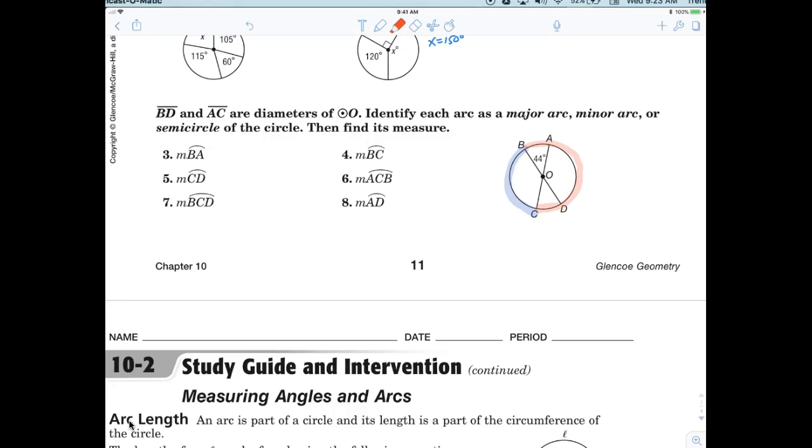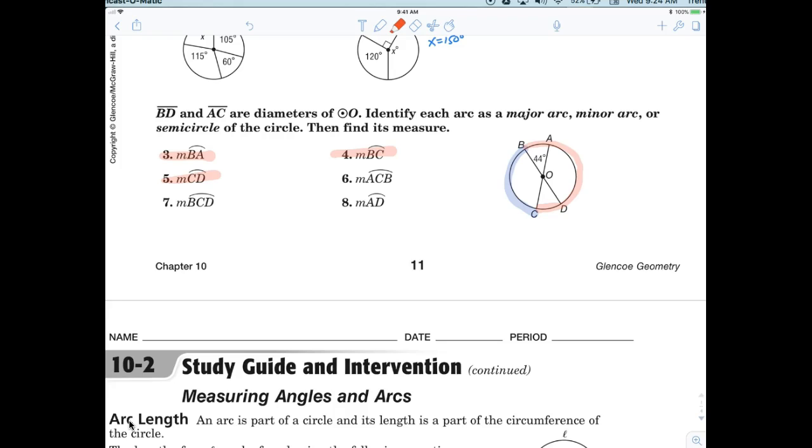Okay, so the one that you said, BADC? Let's just go through it real quick. I promise you I'll get to it. We already said BA is minor, BC is minor. Now, CD is minor. There are 2 letters, so they're minor. Now look, ACB.